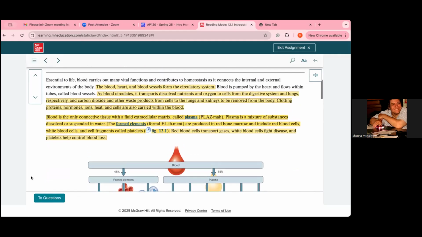So, yeah, see, the blood, the heart, and blood vessels form the circulatory system. So, right there.